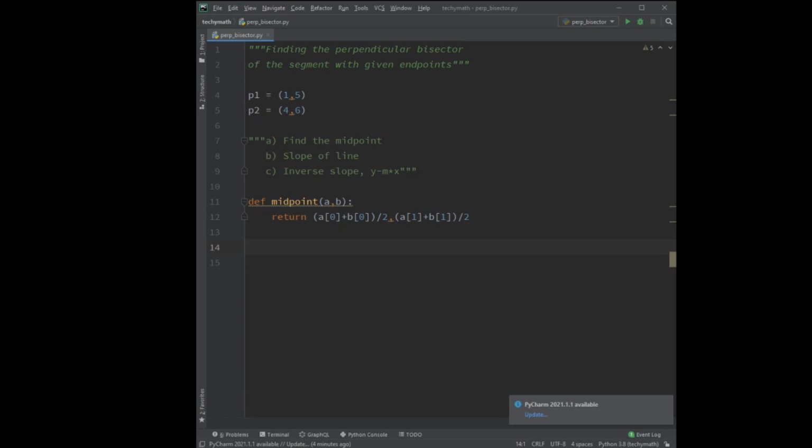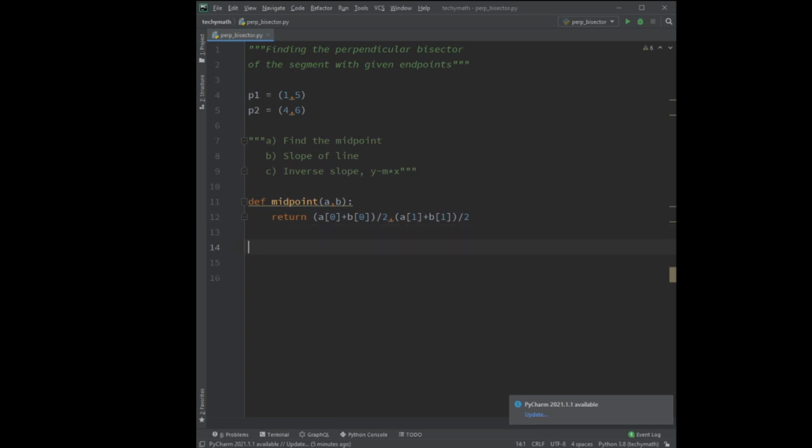So what I've done is just take the average of the x values and the average of the y values. A and b are 2 points, and the first thing in each point is the x value, and the second thing in each point is the y value. So the indexes, index 0 is the first thing in the tuple or the list, and index 1 means the second thing. So this should give us the midpoint.